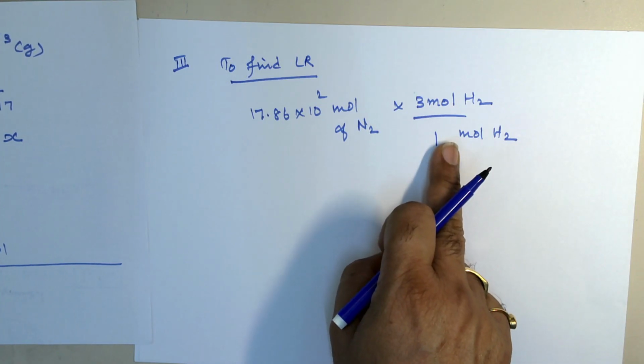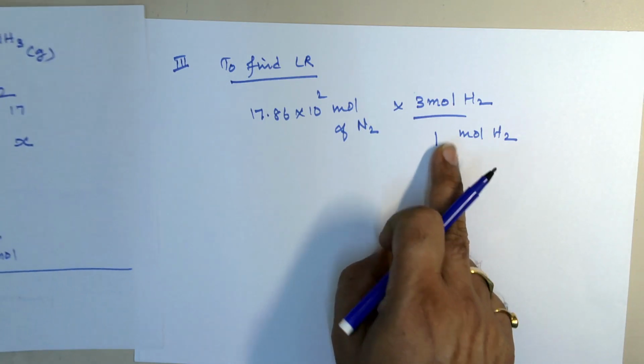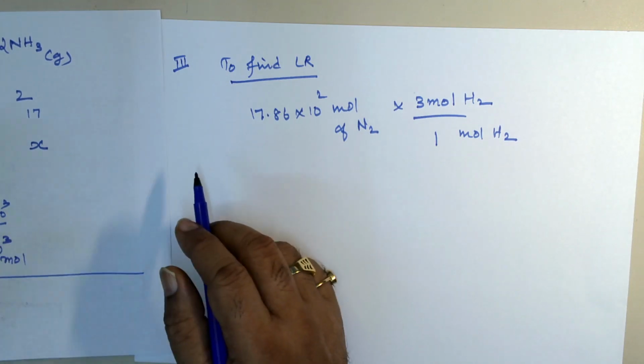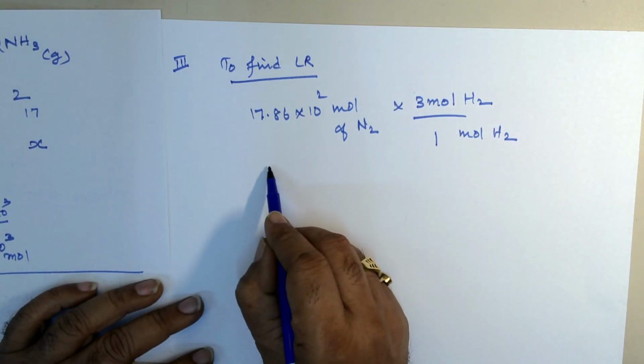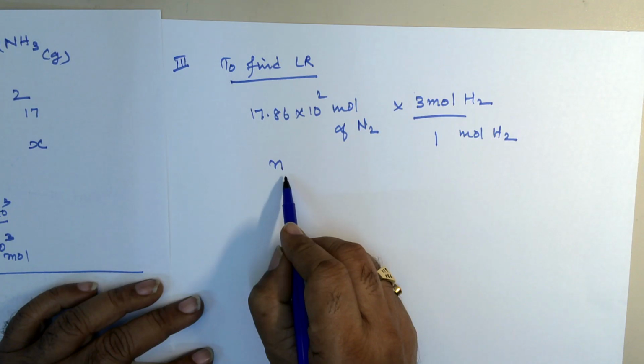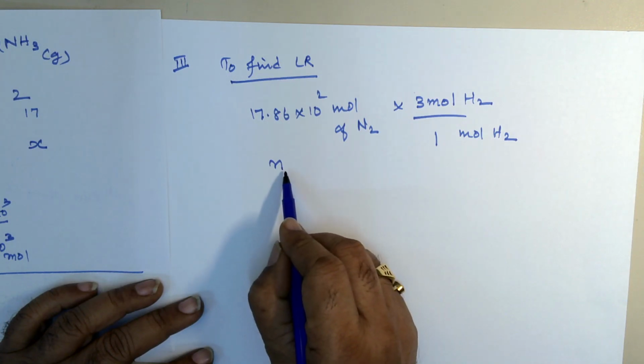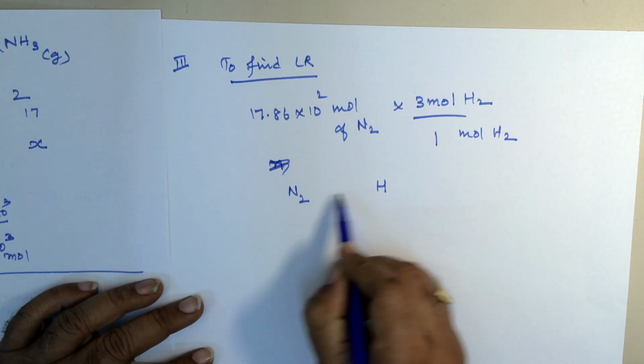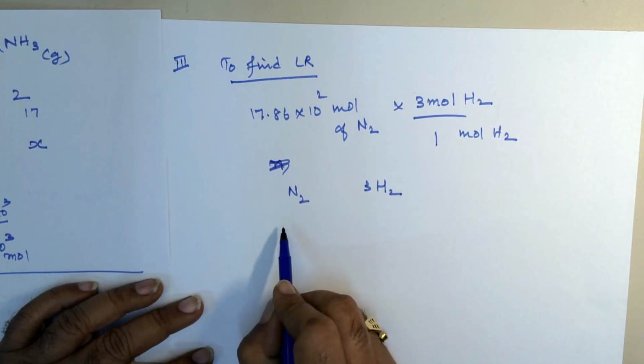Do you understand this? Yes, sir. Okay. So it means what? That is, I have taken the simple ratio. What is that ratio? The theoretical number of moles of, let me say, nitrogen and hydrogen, N2 and 3H2, right?